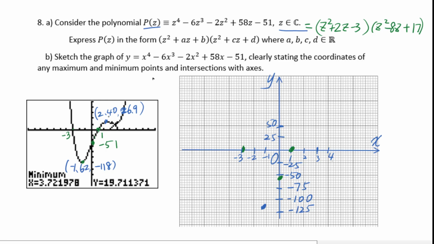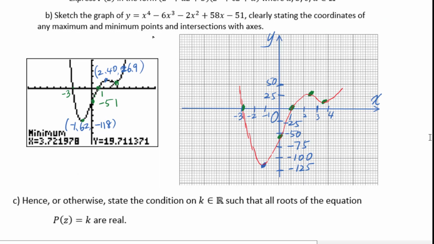For this local maximum point, 2.40, 26.9. Estimate over here. And for this minimum point is 3.72, 19.7. That's estimate over here. Then we can sketch the graph by connecting all these key points.